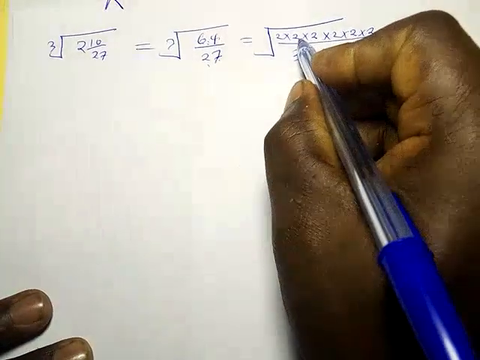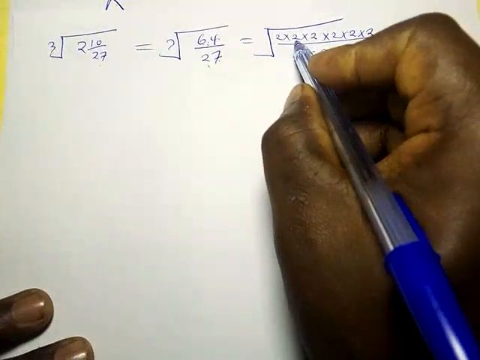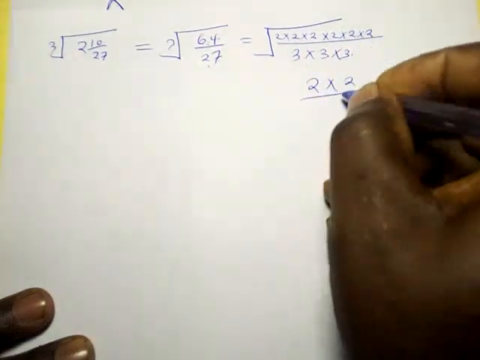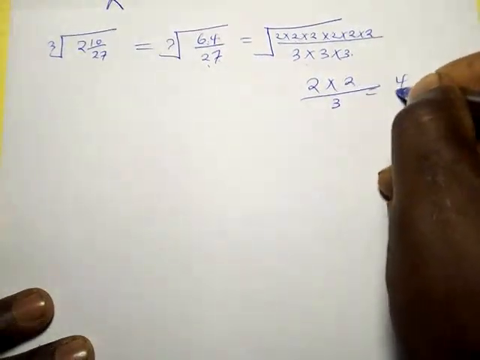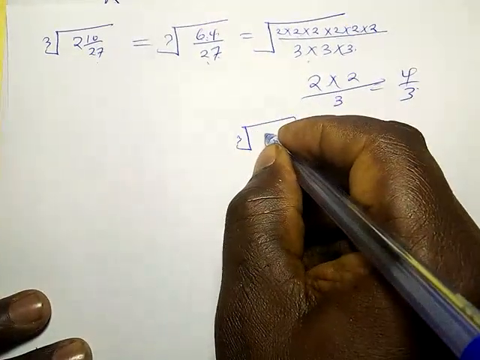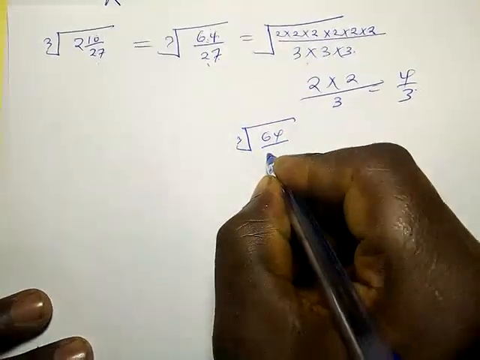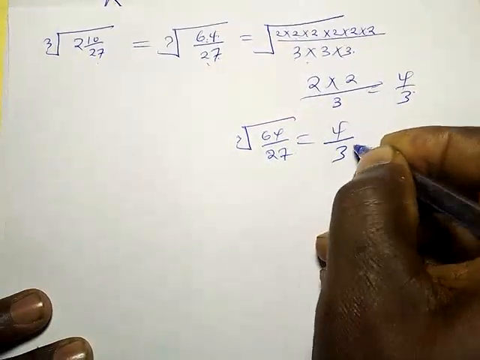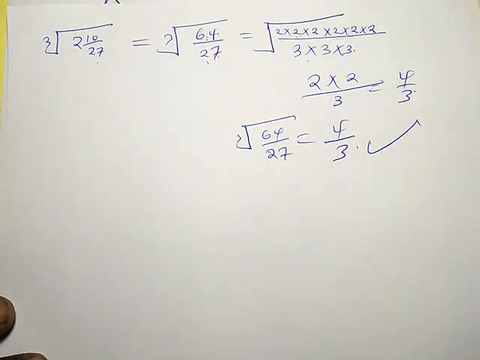So from here, pick one, that is 2, times pick another one here, 2. And the answer is 4 over 3. It means that the cube root of 64 over 27 is equal to 4 over 3. And that is all.